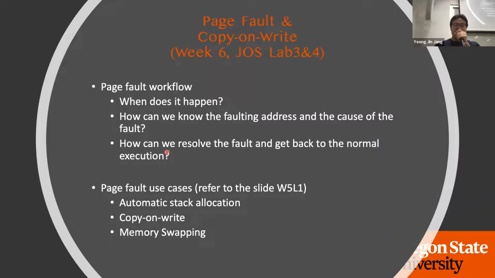Another use case of the page fault handler is that we can automatically increase the user stack if the page fault happens near the available stack, or we can implement copy-on-write, or we can regard the disk as memory and make the entire operation transparent.